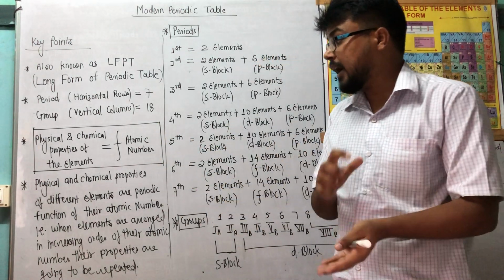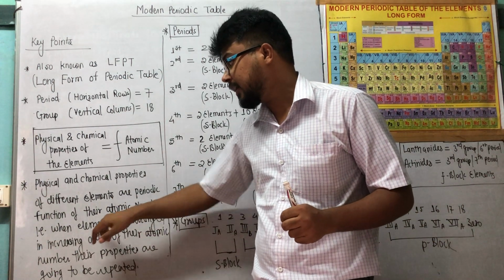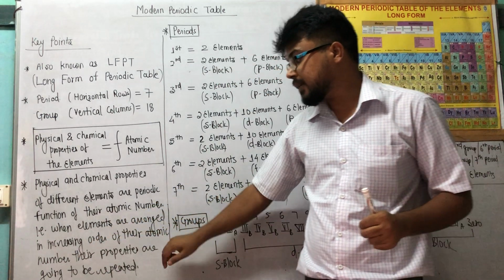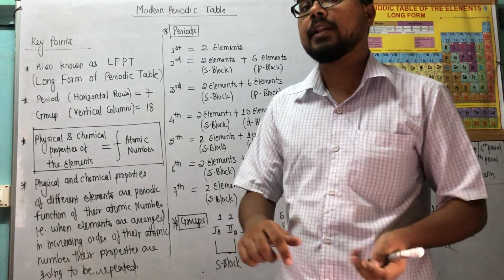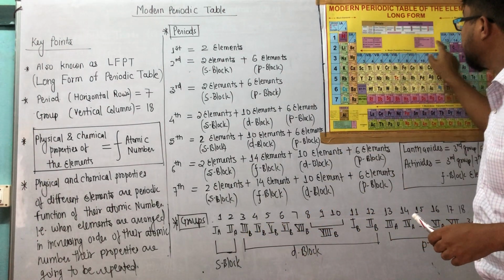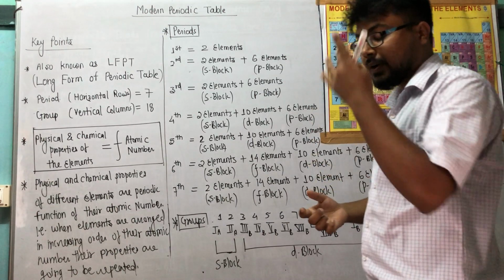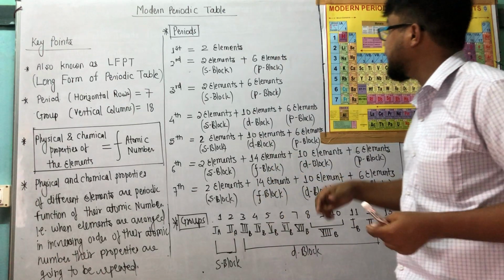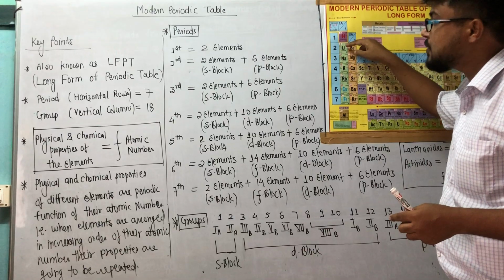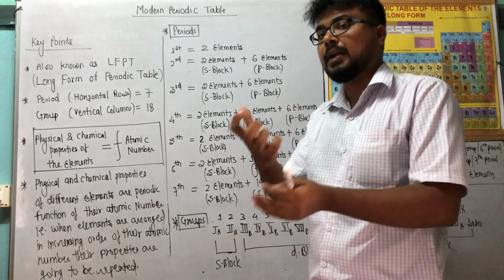It means if I arrange the elements according to increasing atomic number, then their physical and chemical properties repeat after a regular interval, correct? Suppose lithium, beryllium, boron, carbon till neon, and again sodium. So the physical and chemical properties are quite similar for lithium, sodium, then potassium in a group. That is nothing but a periodic property.